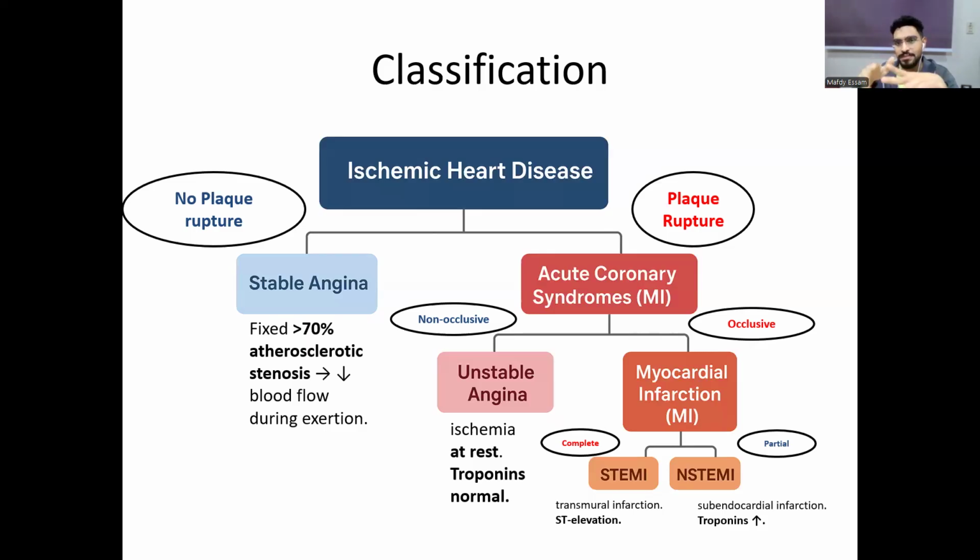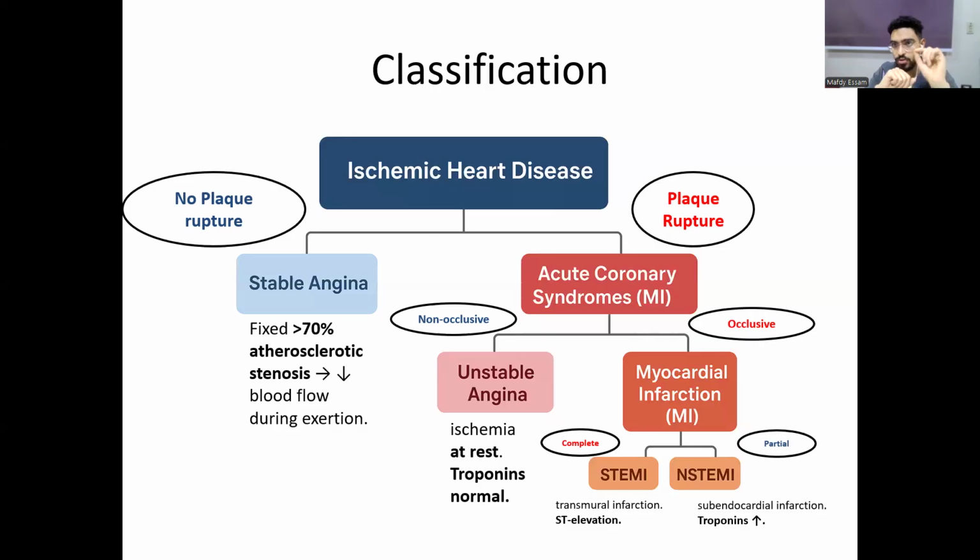And in myocardial infarction, what happens is the plaque ruptures and there is thrombus formation and propagation, which occludes the artery completely or partially. If it occludes the artery completely, there is no blood flow to the myocardium, so there is death of the whole thickness of the myocardium, and this is what we call STEMI, or ST elevation myocardial infarction.